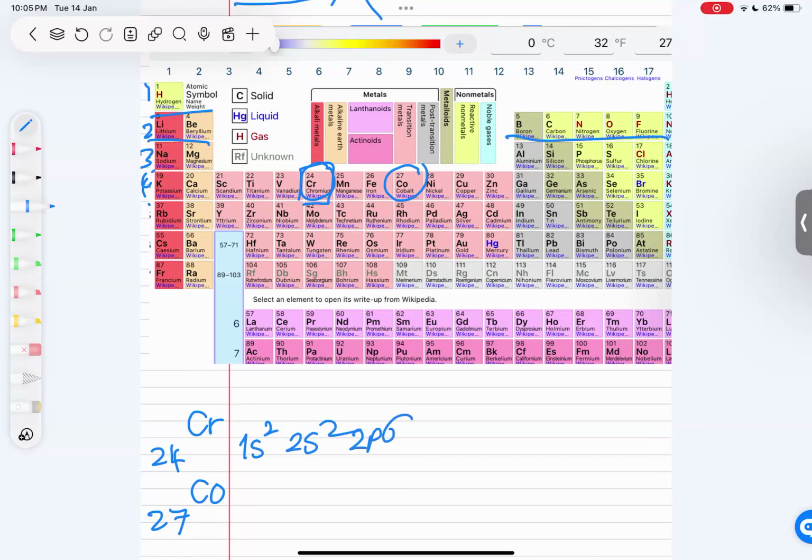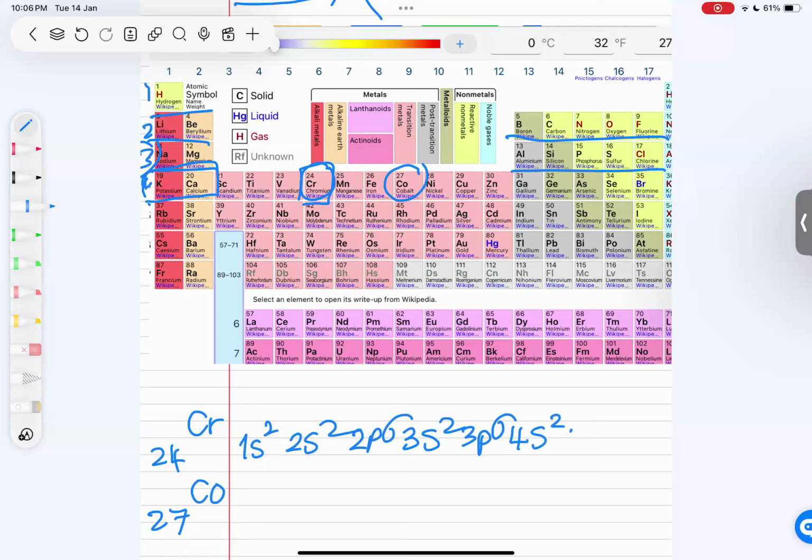Very good. And then 3s2. Very good. This is still level 3 and this is the D block. After that 3p6 again. And then 4s2.